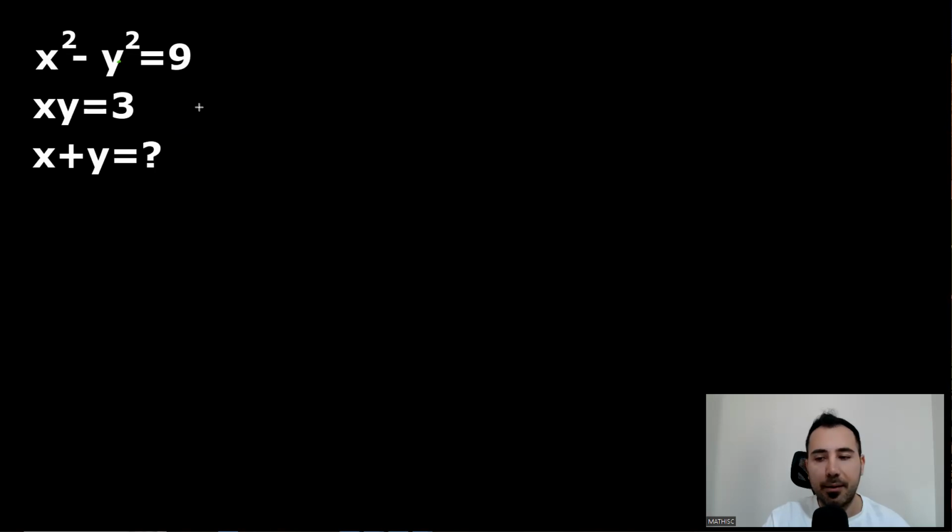So the better idea is to give powers to both of these. So in this case, what happens? We will have x squared multiplied by y squared equals 9.